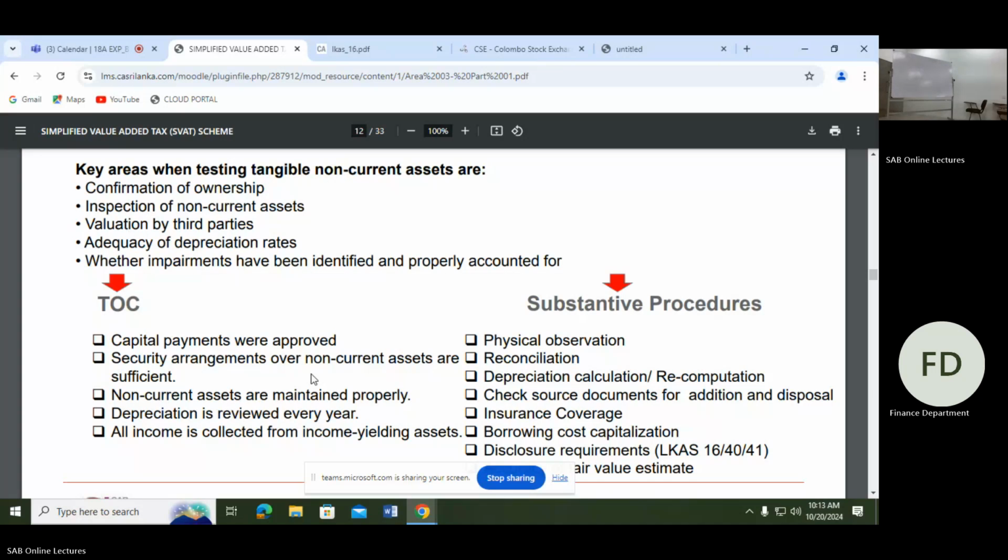And then reconciliation. Reconciliation is what? Bank reconciliation is one reconciliation between what? Reconcile the asset register versus the general ledger versus the physical count.